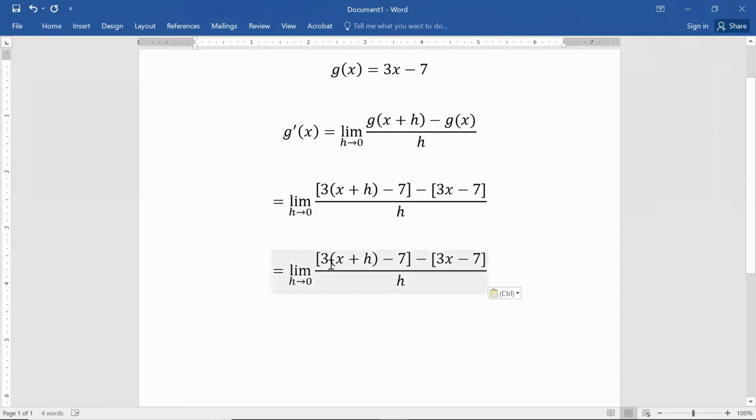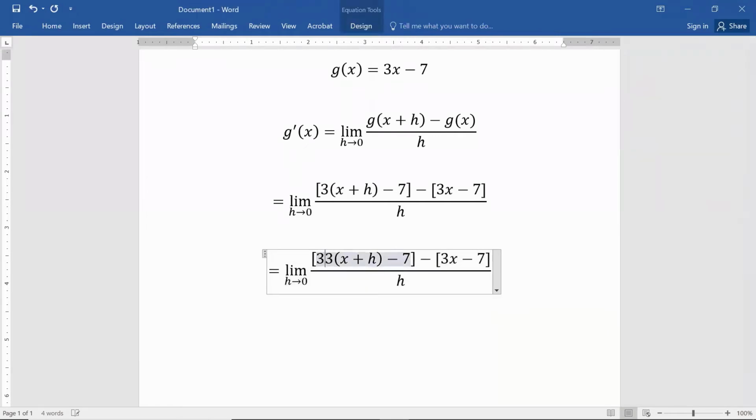The limit becomes 3x plus 3h minus 7 minus 3x minus 7 all over h. That's when I combine like terms.